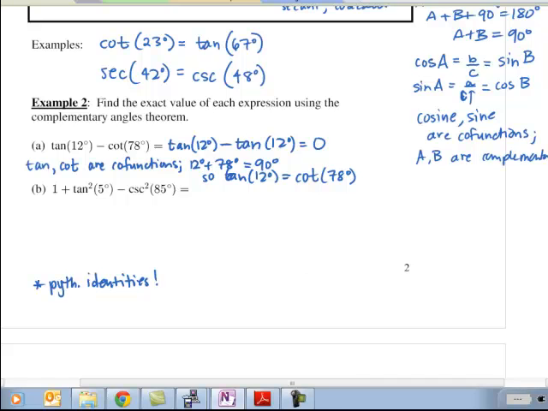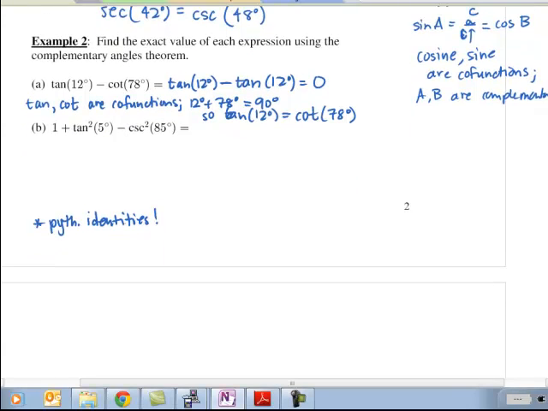It's been a while since we talked about those, but the one we remember, hopefully, is that sine squared of any angle plus cosine squared of any angle is 1. And we've got a tangent squared involved here. So if we want to get a tangent, we could divide this all by cosine squared, and we can get the one involving tangent.